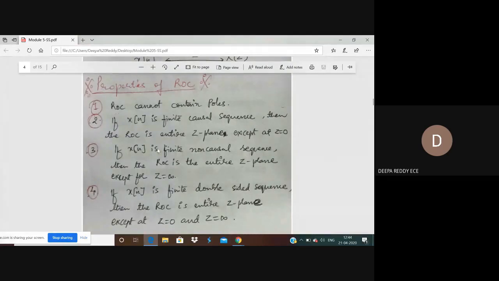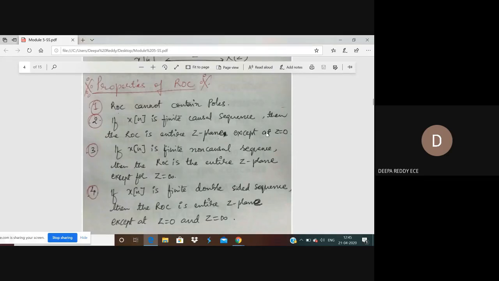If x of n is a finite non-causal sequence, non-causal means it is not equal to 0 for n less than 0, meaning it exists even on the negative side. Then the ROC is the entire Z plane except for Z equal to infinity. Why Z equal to 0, Z equal to infinity?